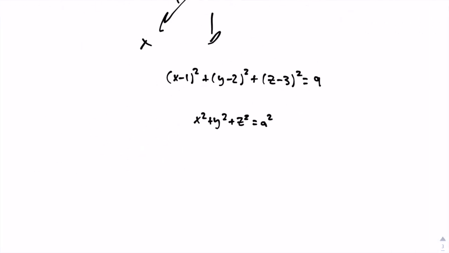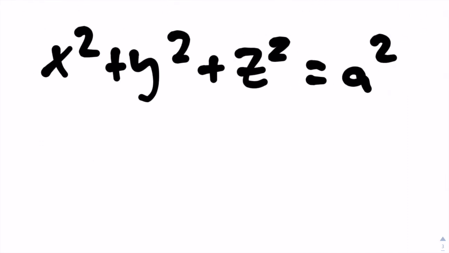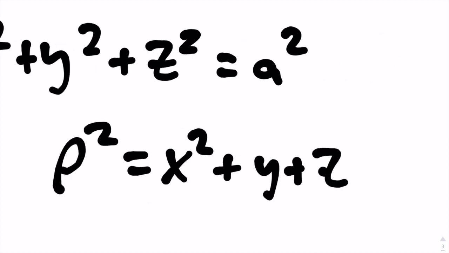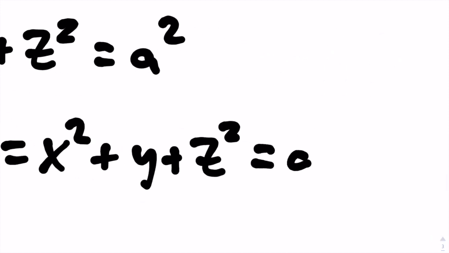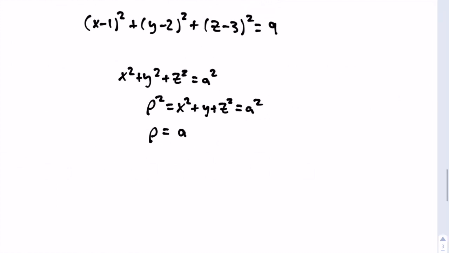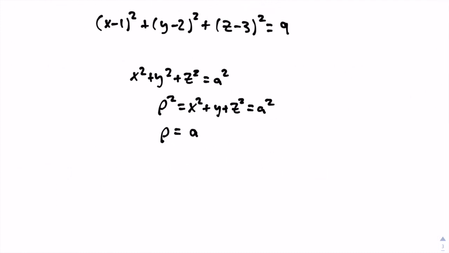And we know from our spherical coordinates unit that rho squared is equal to x squared plus y squared plus z squared, which in this case is also equal to a squared, so we can say that rho is equal to a. And because of this, we can set the parametric equations in terms of phi and theta.